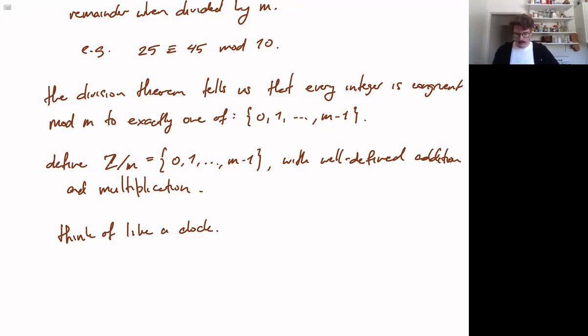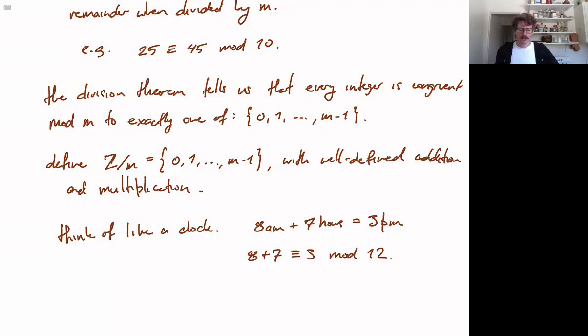So an example of that is if you start at 8 a.m. and then 7 hours later, that's equal to 3 p.m. And this is essentially the same as 8 plus 7 is congruent to 3 mod 12. So we're working mod 12 because there's 12 hours in the usual 12-hour clock.